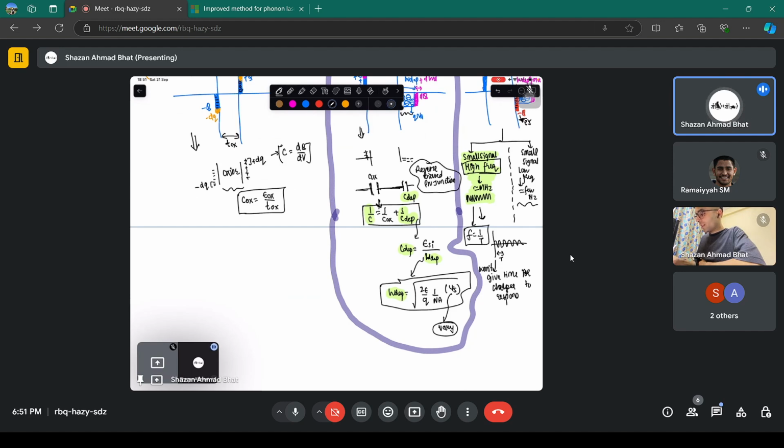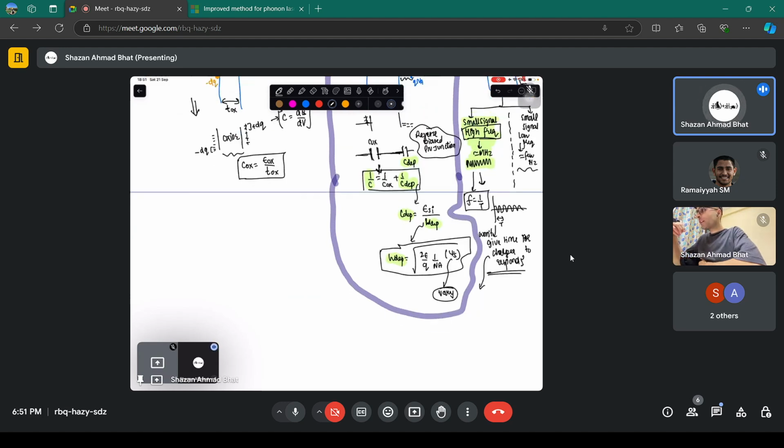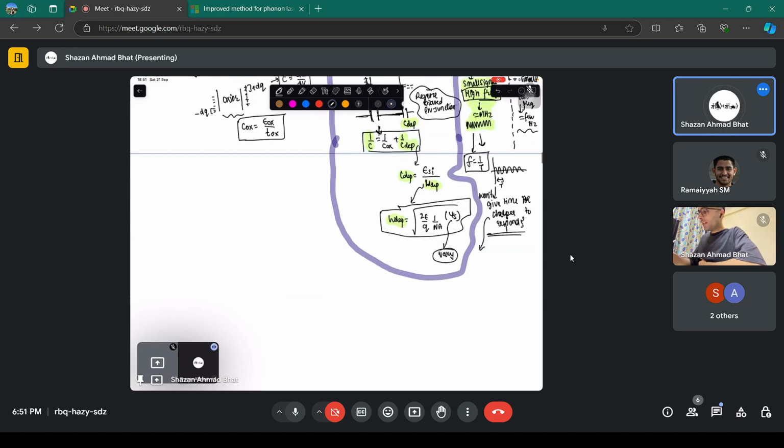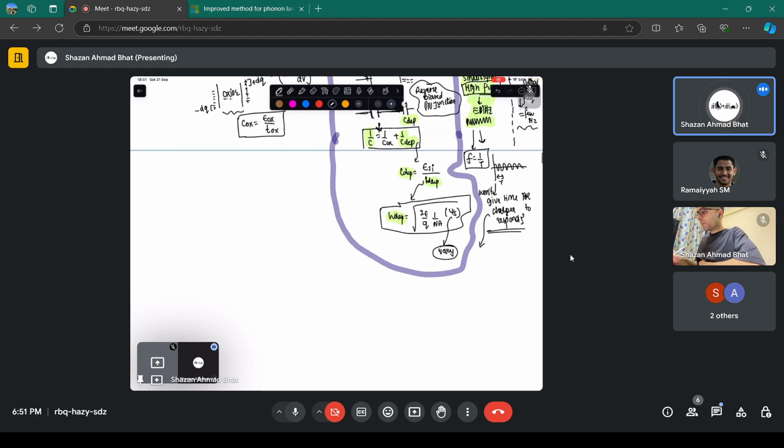Now, which charges? That is the question. It is high, but with respect to what? It should be high with respect to something. That's what we will be discussing.